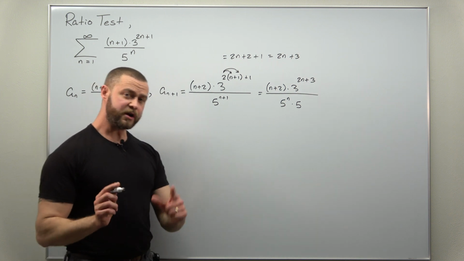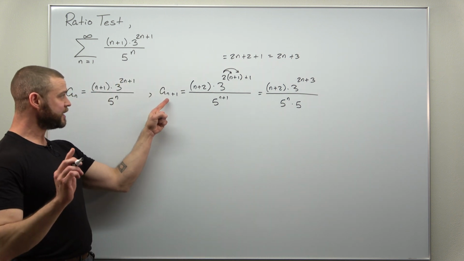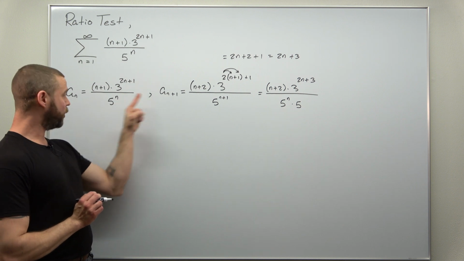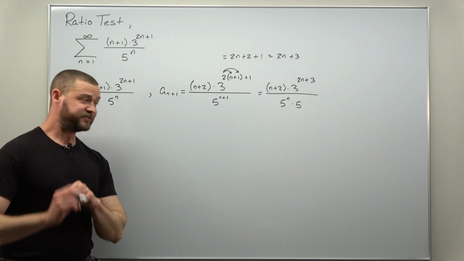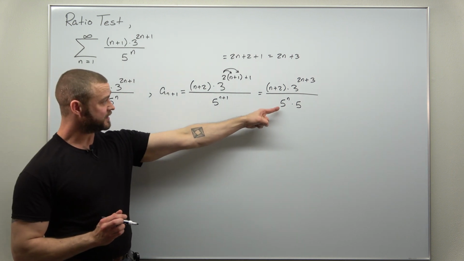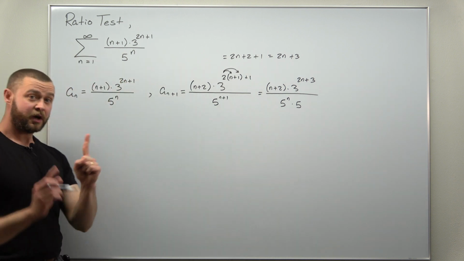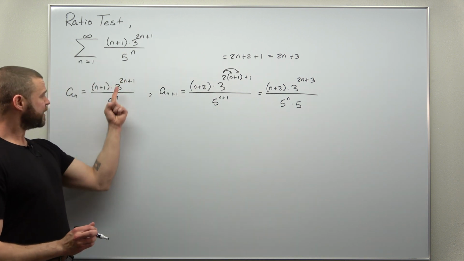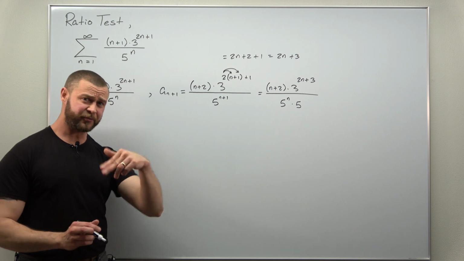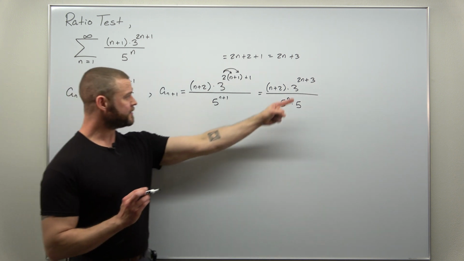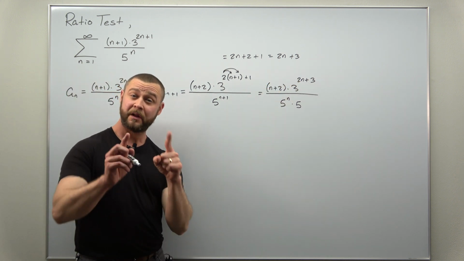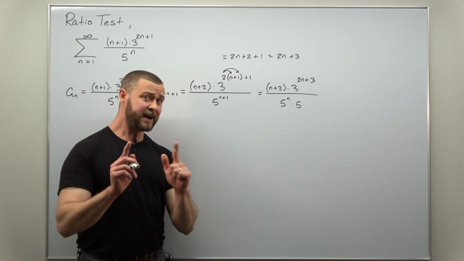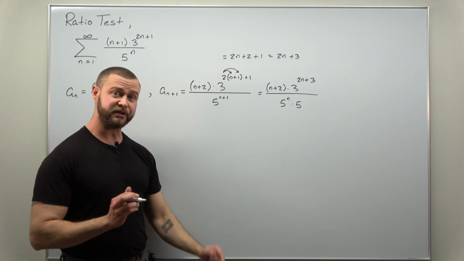All right, now we could go directly to taking the ratio of a sub n plus 1 divided by a sub n, and you might see that the 5 to the n's would cancel out. But what about those powers of 3? 3 to the 2n plus 1 and 3 to the 2n plus 3. We can also apply our exponent trick to those terms as well.